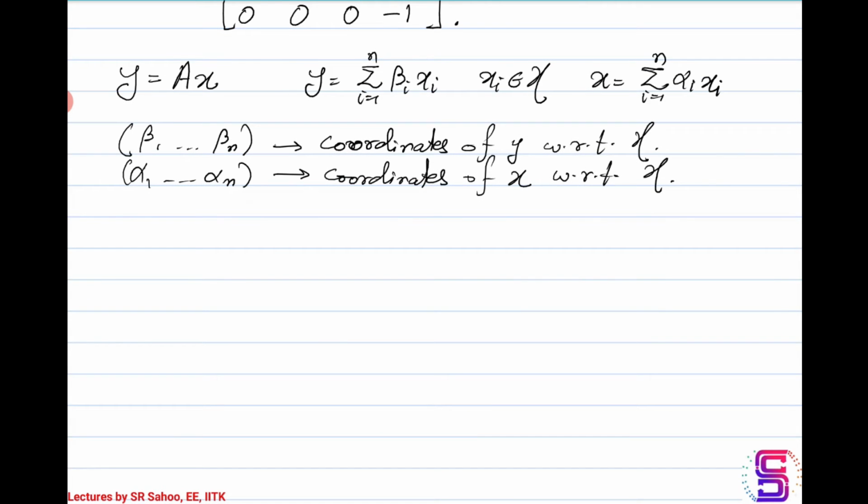What we are interested in is, when A acts on the vector x, it gives you the vector y. So how are these coordinates of vector x and vector y related to each other? This is where we'll see that the matrix representation of A comes in handy. Okay, so let's see what happens.